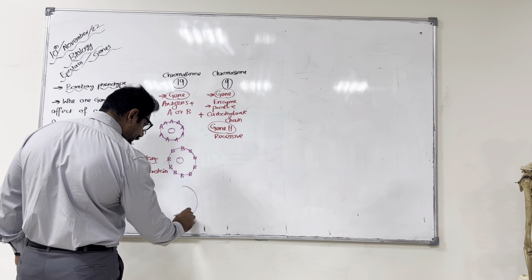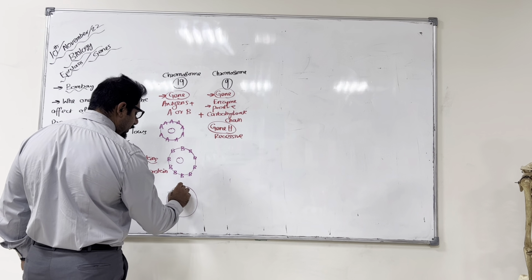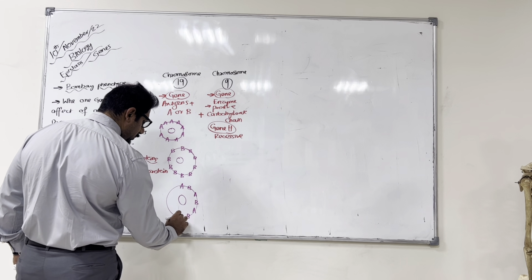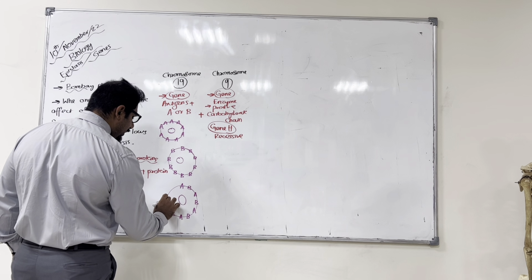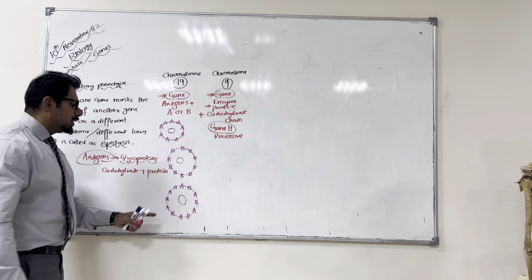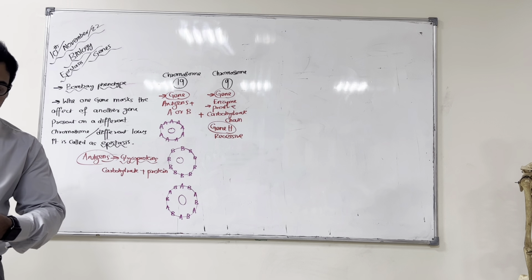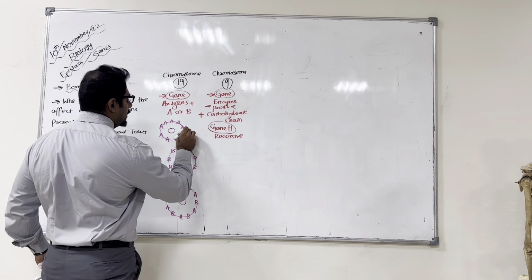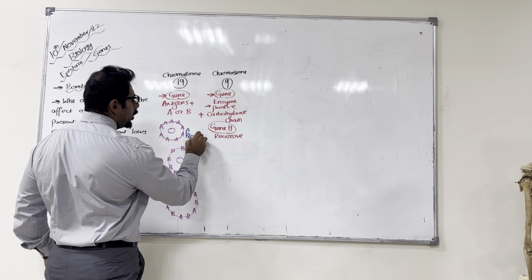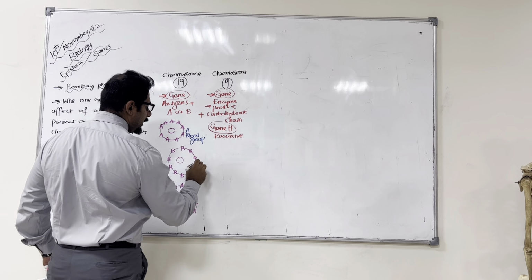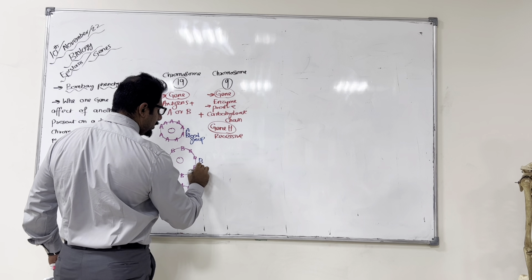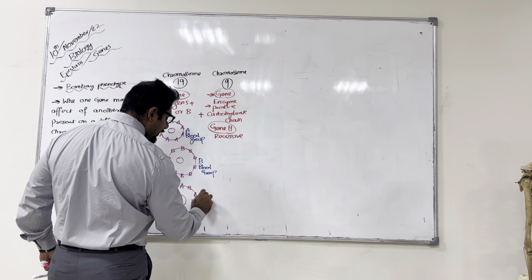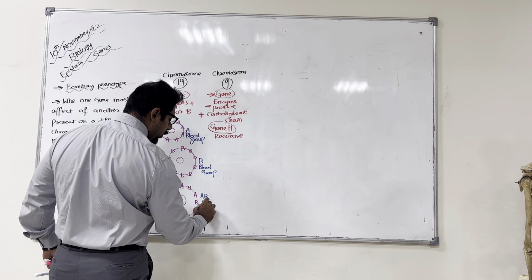And if a person has both A and B antigens, this person will have AB blood group.